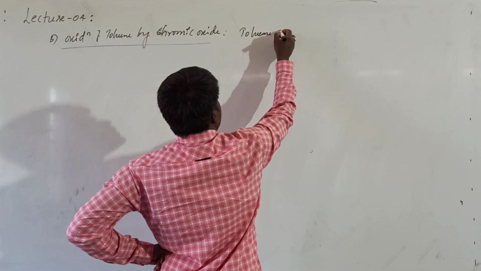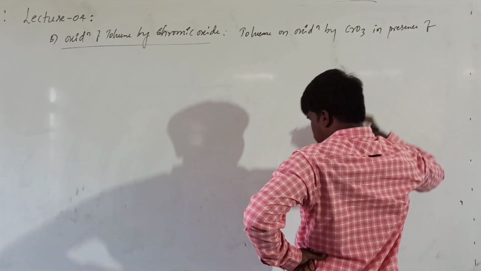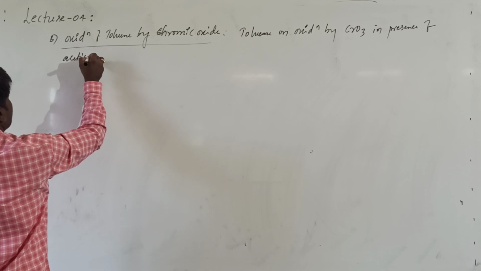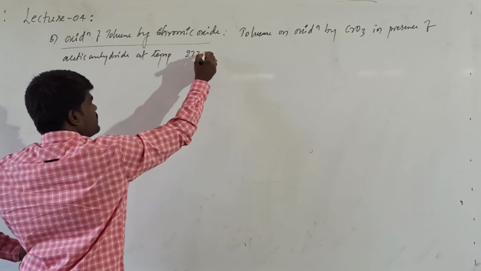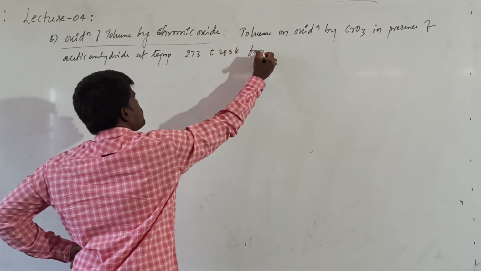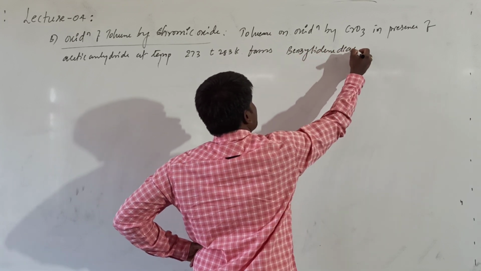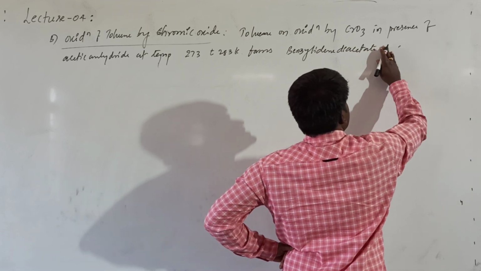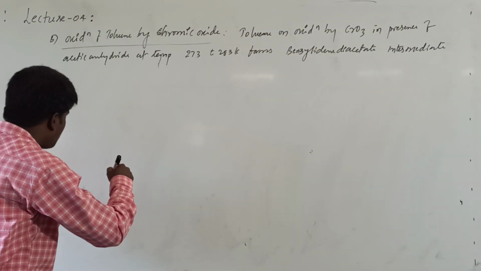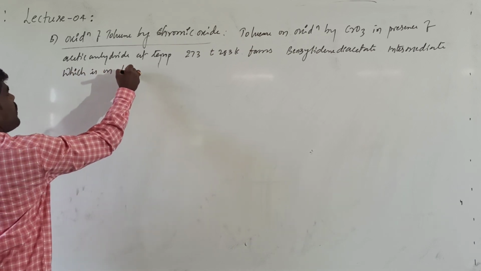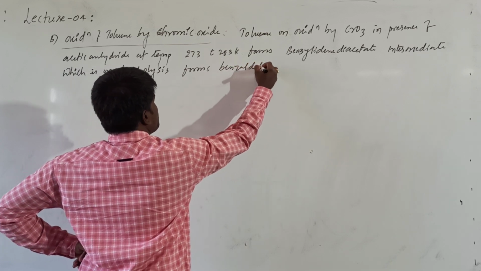Toluene on oxidation by chromic oxide in the presence of acetic anhydride at a temperature of 273 to 283 Kelvin forms a benzylidene diacetate intermediate, which on hydrolysis forms benzaldehyde.